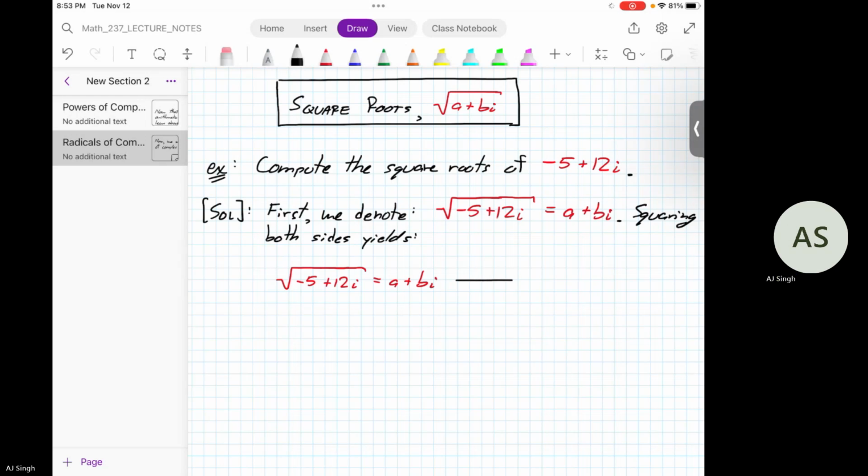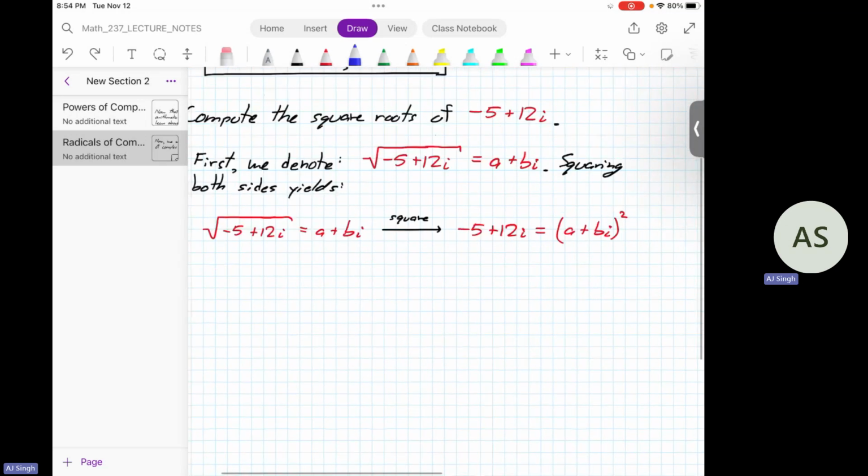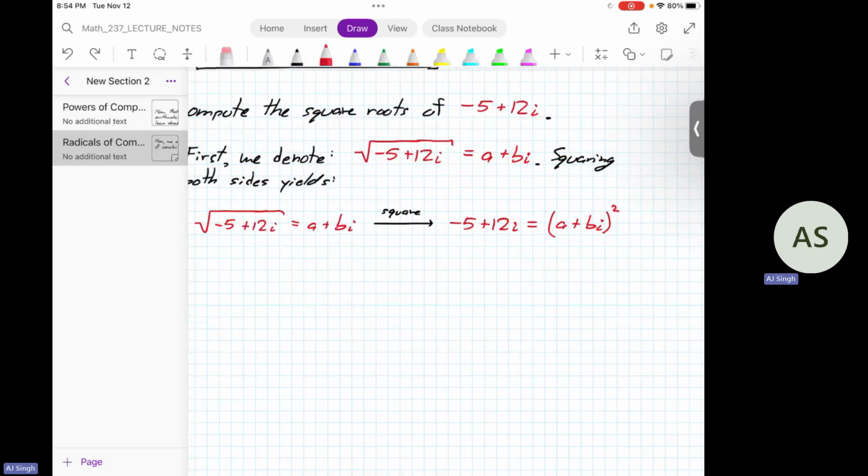I'm going to square both sides, and I'm going to get negative 5 plus 12i equals a plus bi squared, right? Because on the left side, if you square, then they're going to cancel out. And on the right side, I have a plus bi squared.